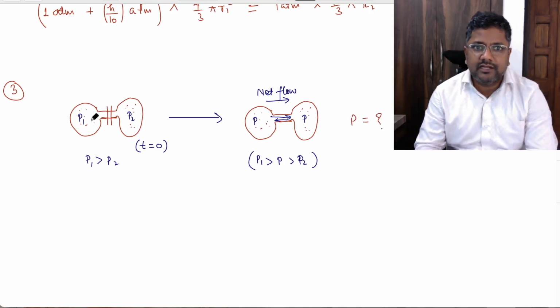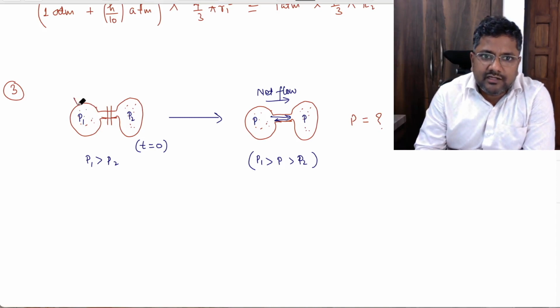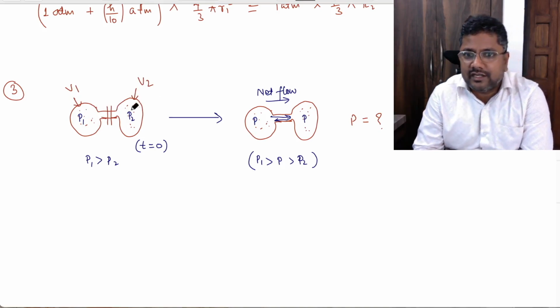All of you know that here the pressure is P1. Let the volume of this chamber be V1 and the volume of this be V2, and this connecting volume is negligible.